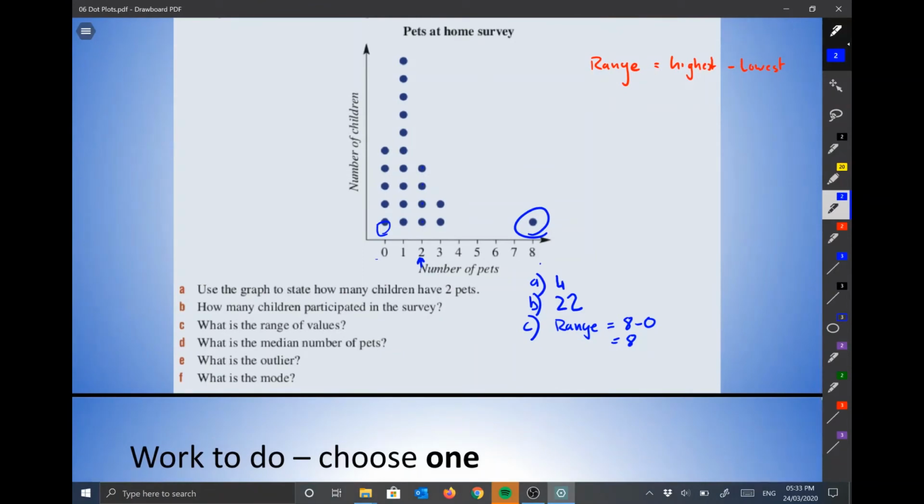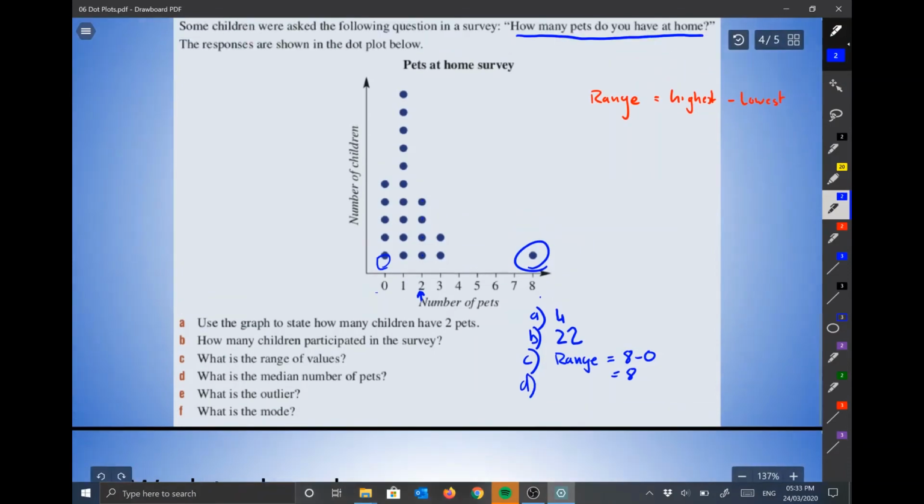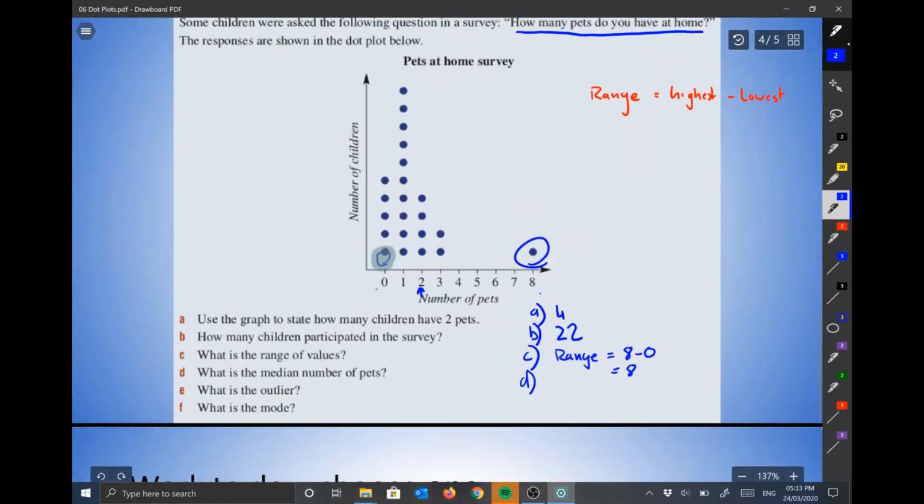What is the median number of pets? So we don't need to write our data in order now to find the median, because the median is already there for us. We know that there are 22 total people in the survey, so the median, or the middle, is going to be halfway through our 22 people, or 11.